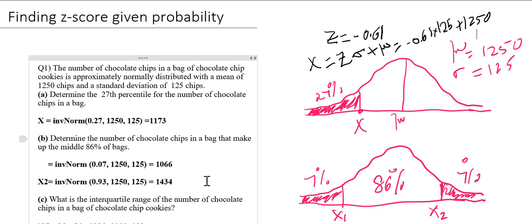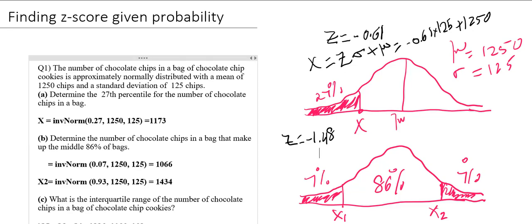So I will write down z equals negative 1.48, and then do the same work for the x1. It will be negative 1.48 times 125 plus 1250. Now what about x2? I have to look for the area, which is 0.93.